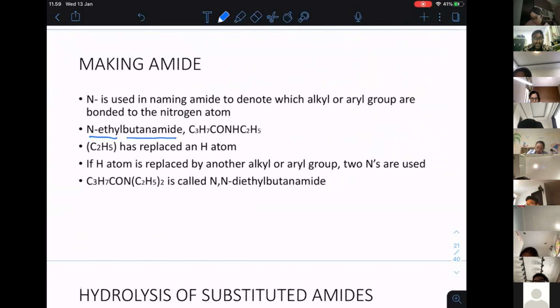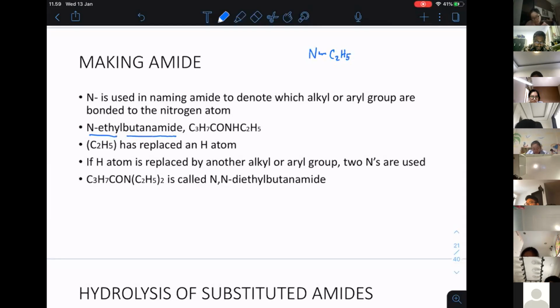Okay, so the N is used in the naming of amides to denote which alkyl groups are bonded to the nitrogen atom. For example, if I want to draw N-ethyl butanamide, N-ethyl, you just draw N, then draw ethyl. Ethyl is C2H5. Then butanamide, amide.